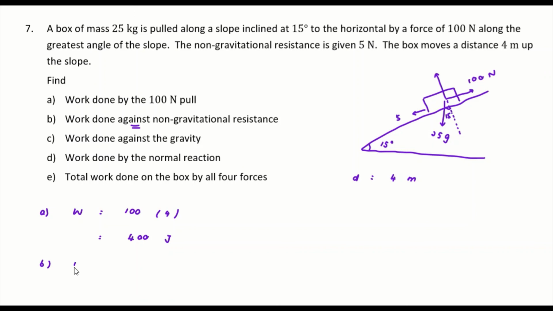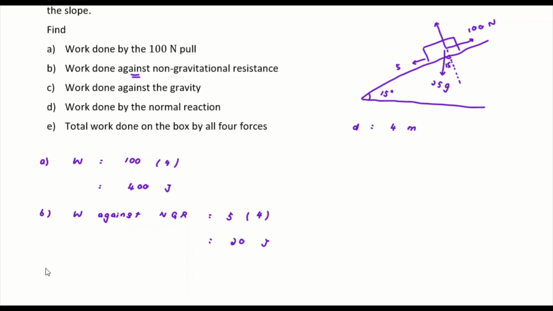So in this case, the work done against the non-gravitational resistance, let me just write NGR, is equal to the force, which is 5, and the displacement is the same, so 4 meters. It is equal to 20 joule. Okay, simple as that. Then after that, C, the work done against gravity. It's the same thing because gravity is opposing the direction of the motion as well.